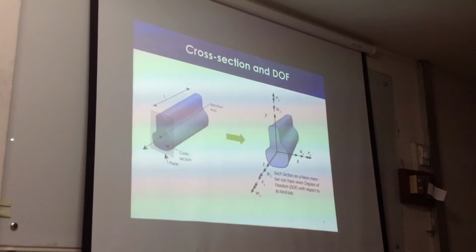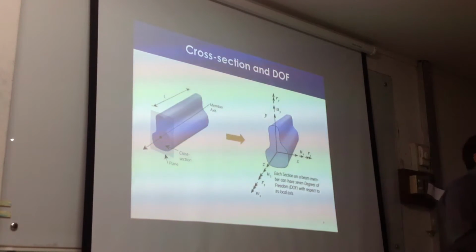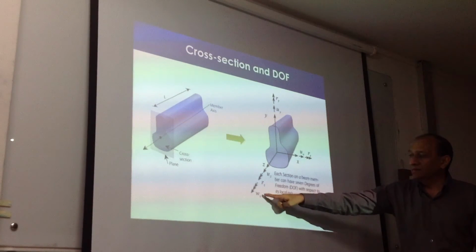No. Warping. Have you ever heard about warping? No. So hear it. Warping is a 7th degree of freedom. We don't have 6 degrees of freedom. We have 7 degrees of freedom on a cross section. We have ux, uy, uz, rx, ry, rz, and wz.